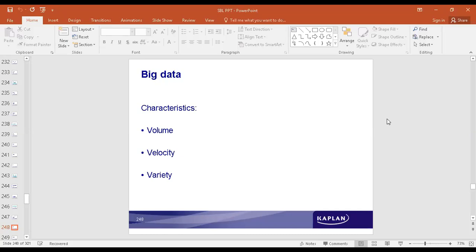Then we've understood about big data. What are the attributes of big data? Why did the data become big? It is because data can now be captured while it is being transmitted from one smart device to another. The number of smart devices across the world has multiplied greatly in the last few years.